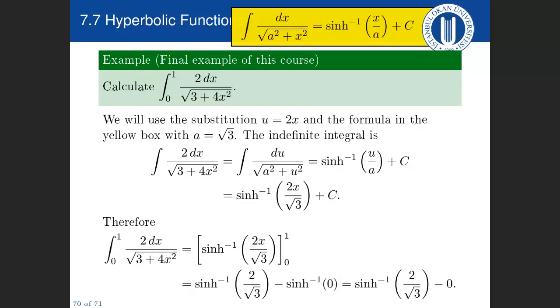This problem has a plus at the bottom, so we're using the formula with inverse hyperbolic sine. If we did the same example but with a minus in, the calculation would be similar, except we would be using inverse sine.